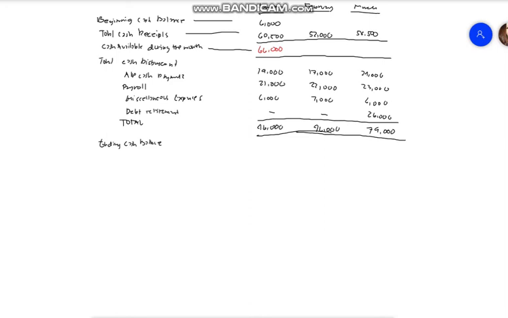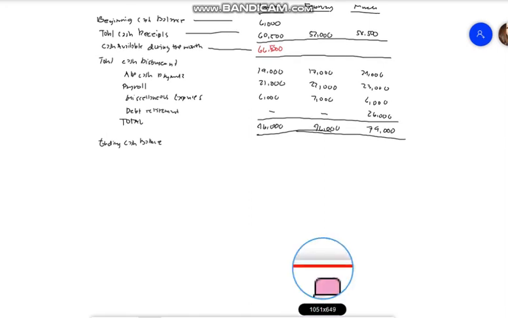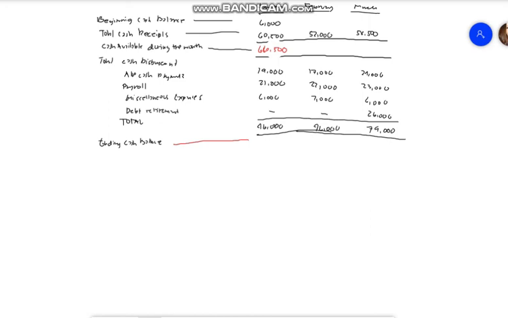That's the total cash available during the month. Then we deduct 46,000 from 66,500. So the cash balance at the end of January would be 20,500.